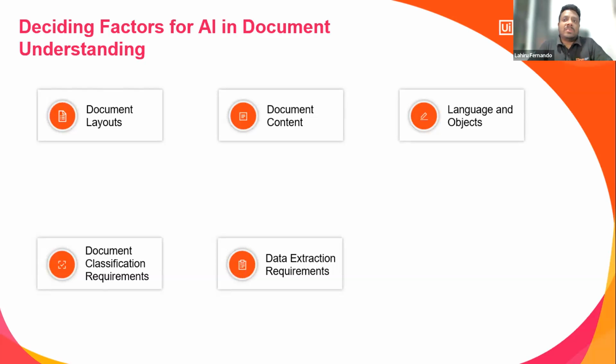So during a requirement gathering session for a document understanding project, this is slightly different from usual RPA projects, because in an RPA project we look at the process to see what the users are doing.